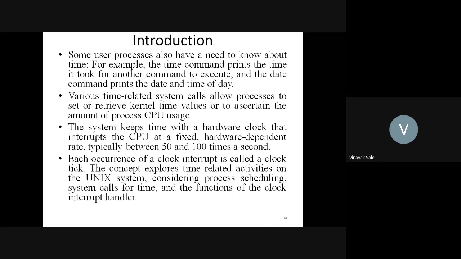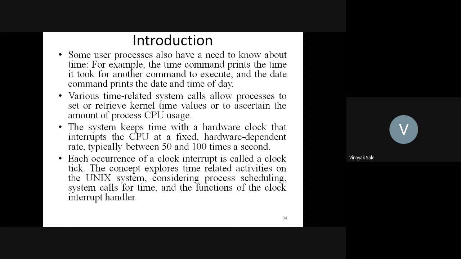Some user processes also need to know about the time. For example, the time command prints the time it took for another command to execute, and the date command prints the date and time of the day.